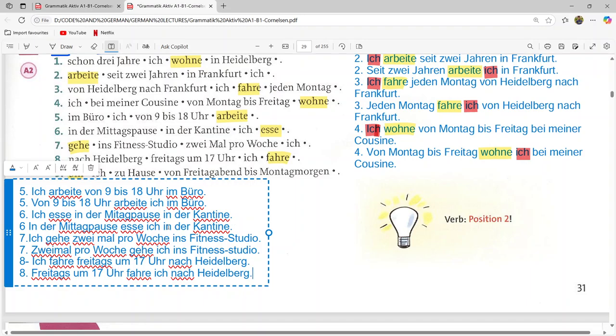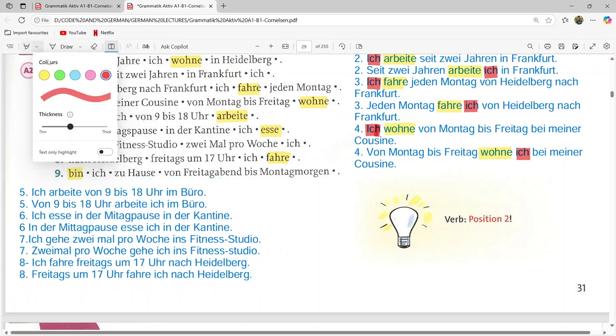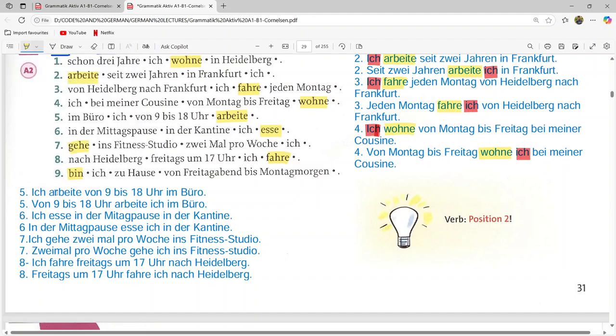Okay, so same case, let us see. The verb is in the second place, the verb is also in the second place. All this is time information, and the verb is in the second place every time.